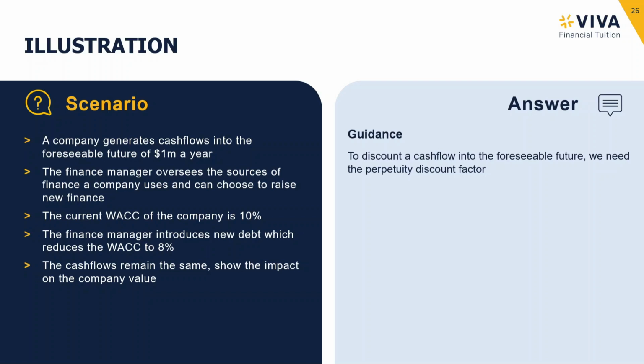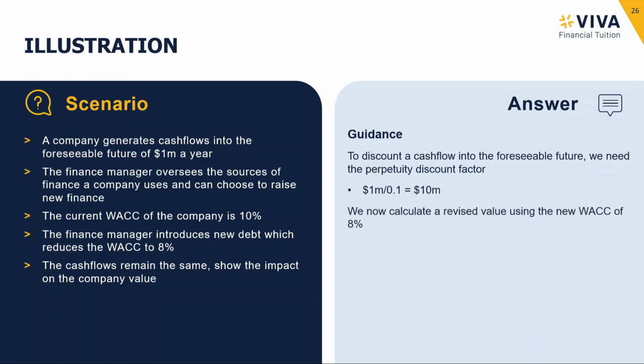So we need to discount a perpetuity cash flow. And the perpetuity discount factor, if you remember, is 1 over R, where R is your WACC, your cost of capital. So take the cash flow and multiply it by 1 divided by the cost of capital, which is 10%, 0.1. And we get that the value of the company, in this case, is $10 million.